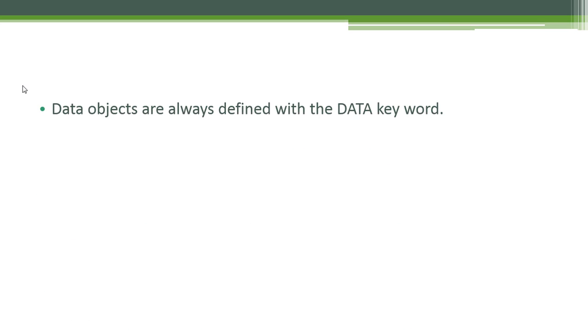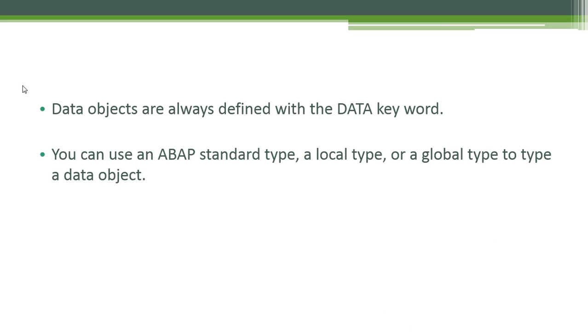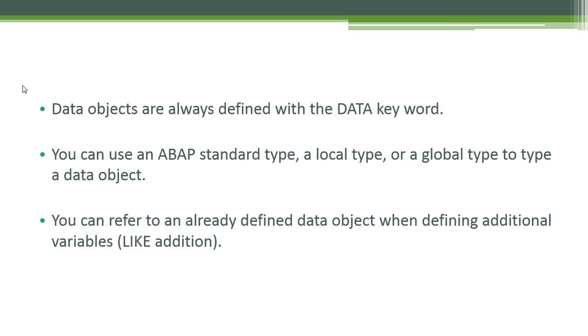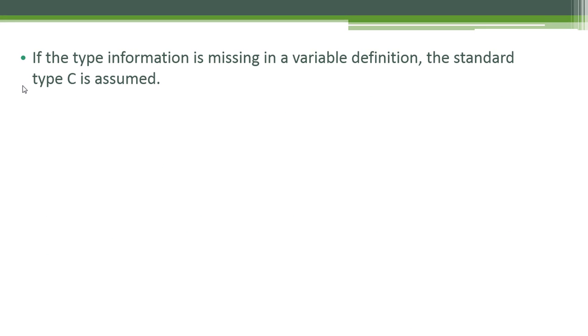Data objects are always defined with the data keyword. You can use an ABAP standard type, a local type, or a global type to type a data object. You can refer to an already defined data object when defining additional variables, using the like addition. If the type information is missing in a variable definition, the standard type C is assumed.